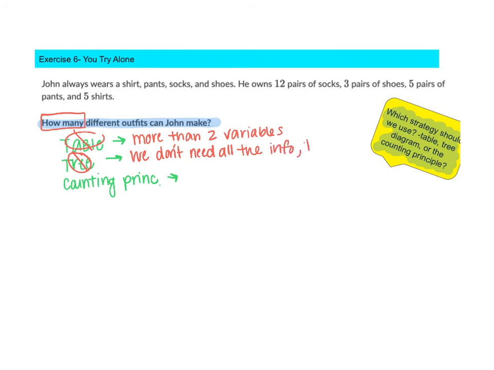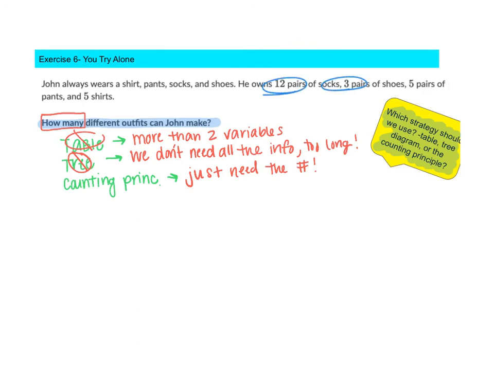And it would take too long to make. Okay, so we're going to use the counting principle. The reason why is that we just need the number, not each individual option.